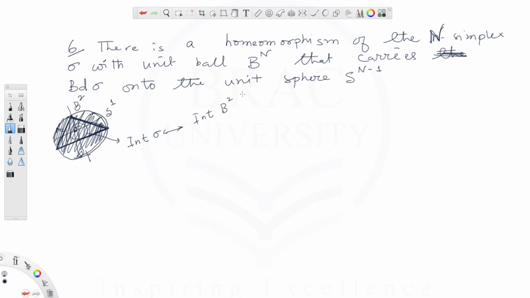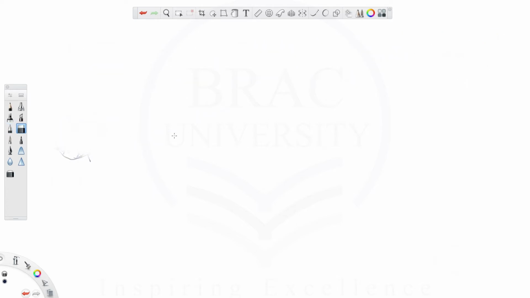So we listed 6 properties without any proof, but we gave plenty of examples so that you have the intuitive concept of these 6 properties. It will be left as exercises for you to prove some of the properties of an n-simplex. Okay, so now it's time to define a simplicial complex.